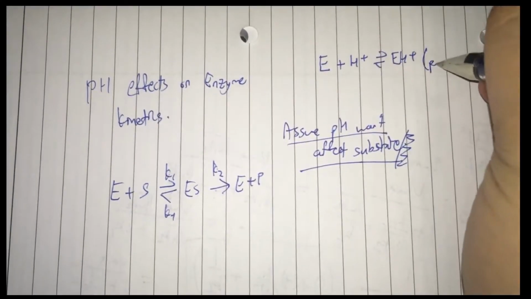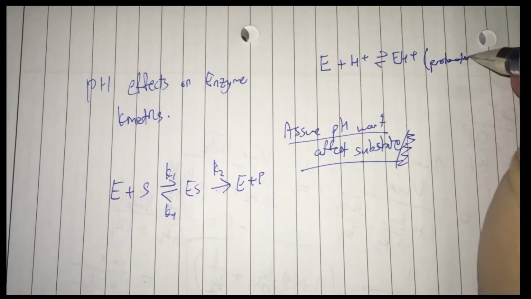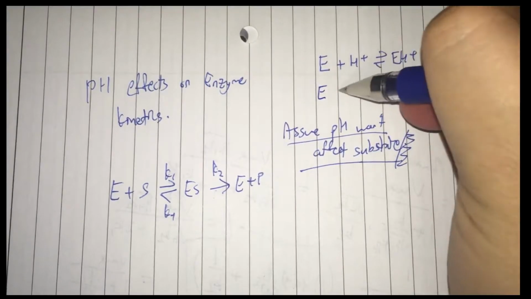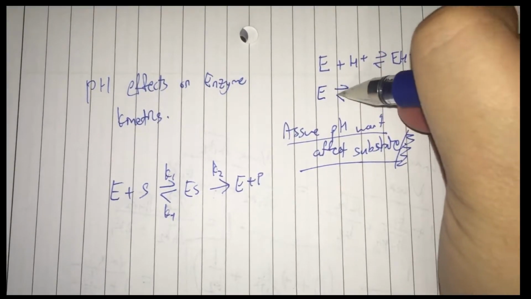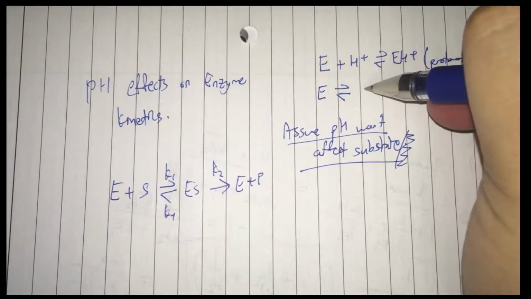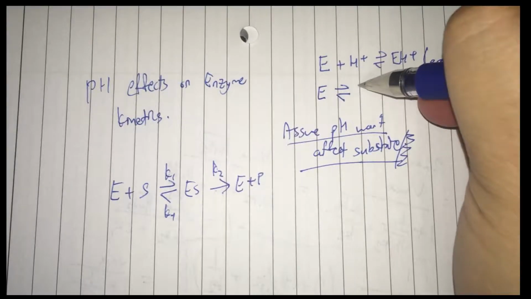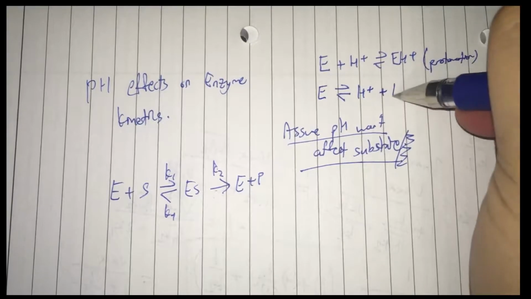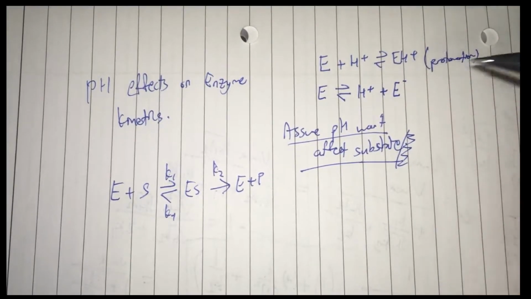This is the protonation by Bronsted-Lowry acids. Then there will also be this equilibrium, so it releases the H+ to give E minus.